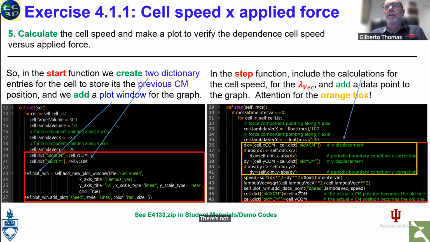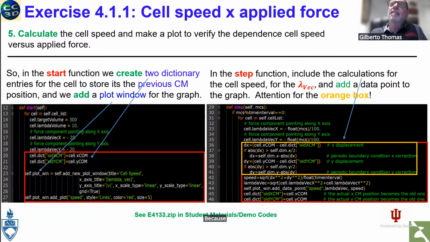We are going to plot in the graph we just created before in the start function, the coordinate speed against lambda vec. And finally, we update the dictionary, putting in the old position the new position.